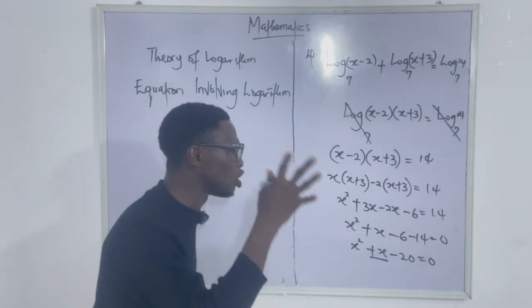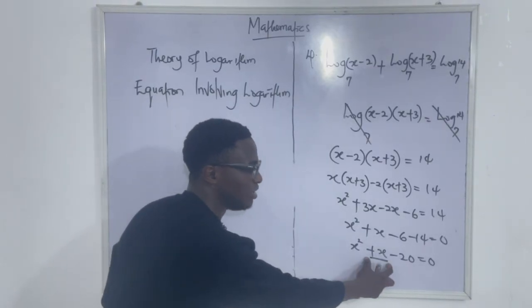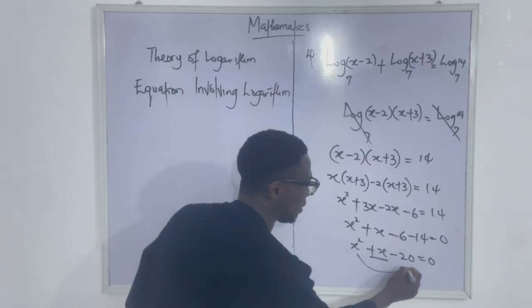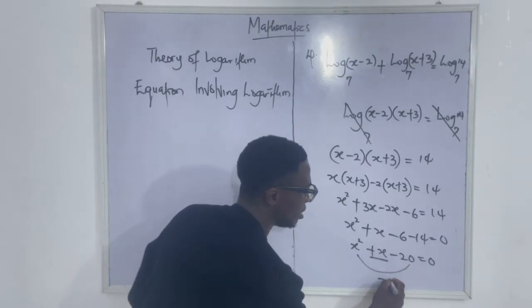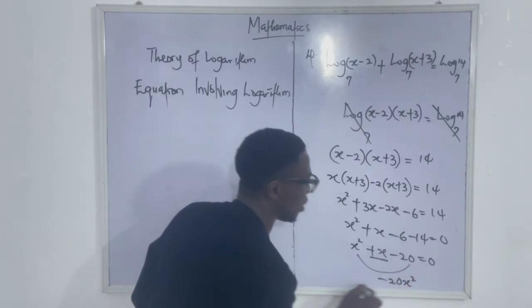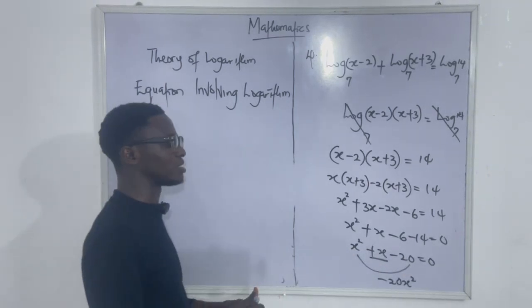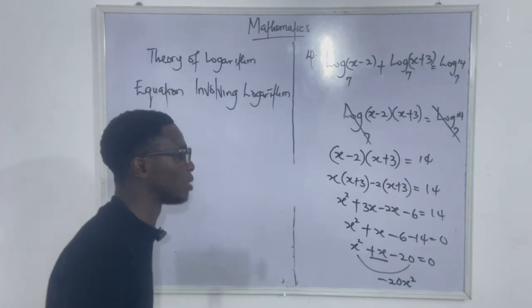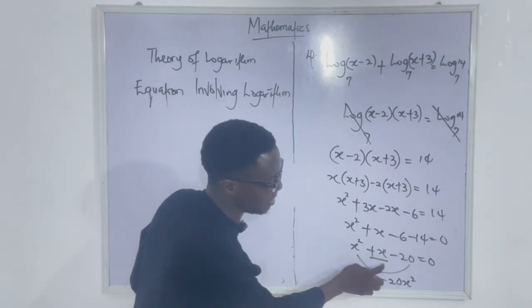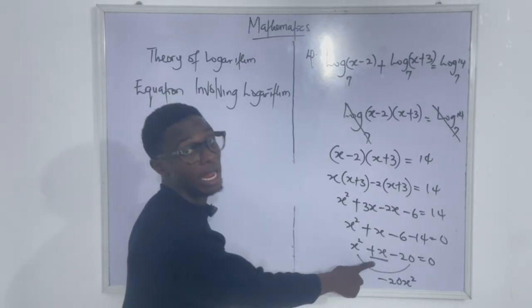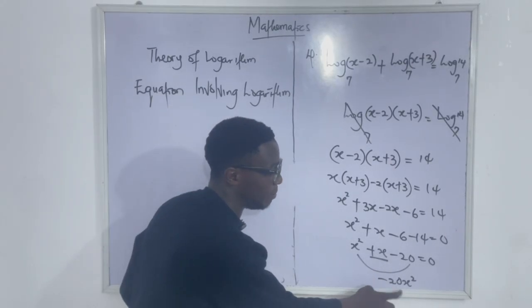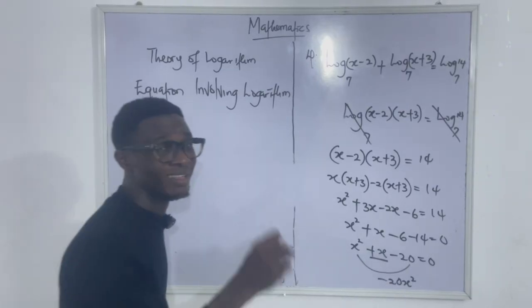Now, how can we split this? We think of two numbers that when we add, will give us plus x, and when we multiply, will give us minus 20x squared, that is x squared times minus 20.